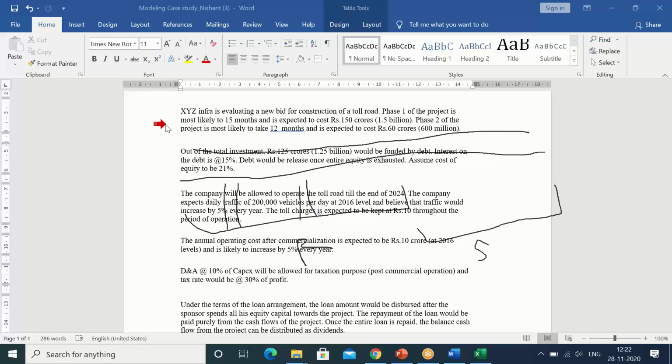Like for phase one, it will take 15 months. Not the project; the first phase is 150 crore. So which means the total project, both phase one and phase two put together, is 210 crores, which is 150 plus 60.